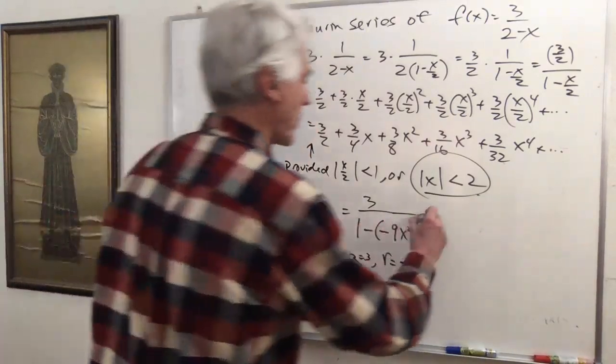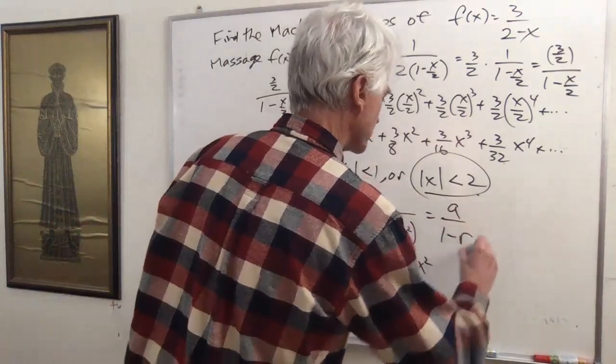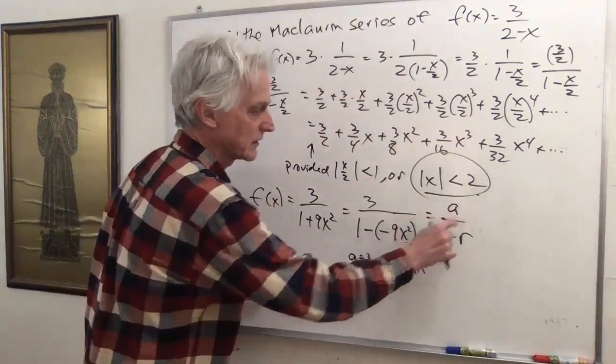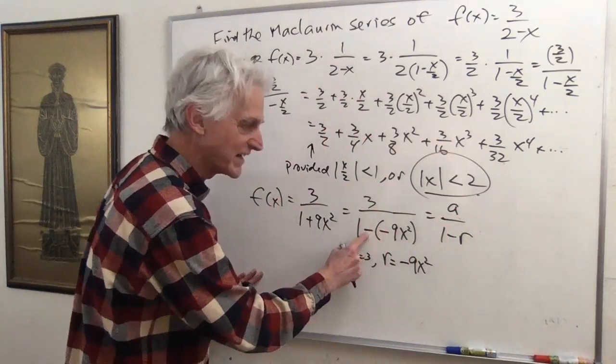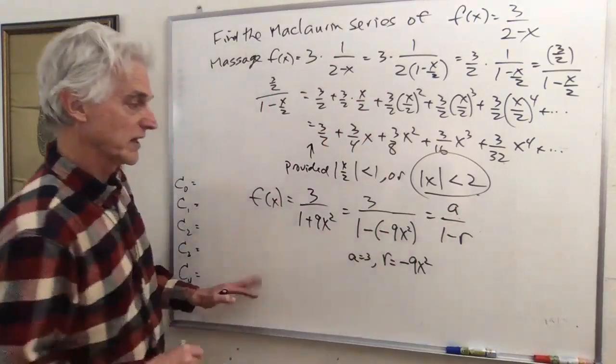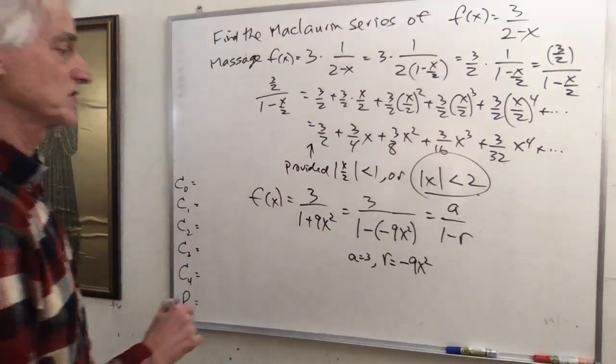So the form a/1 minus r, right? That's what I'm looking for. I'm trying to make it look like a/1 minus r. So there, the r is negative 9x squared.